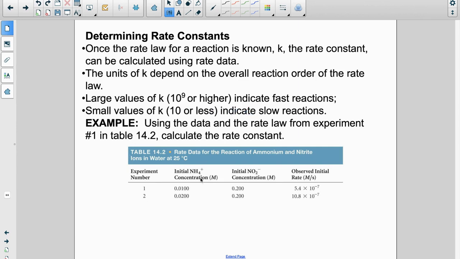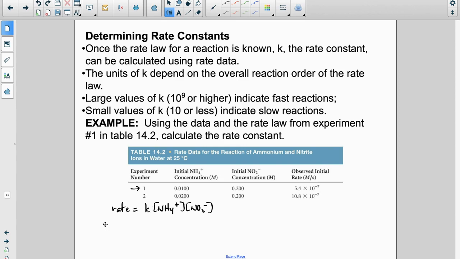So in this example, we can use the data and the rate law from experiment 1 to calculate the rate constant. We found that the rate law was rate equals K times NH4 plus times NO2 minus. So if we use experiment number 1, we can plug these values in and solve for the rate constant.